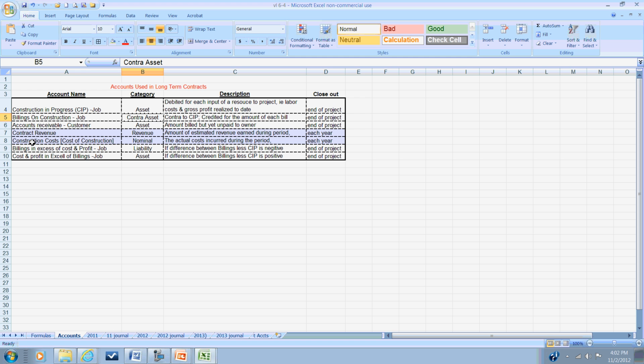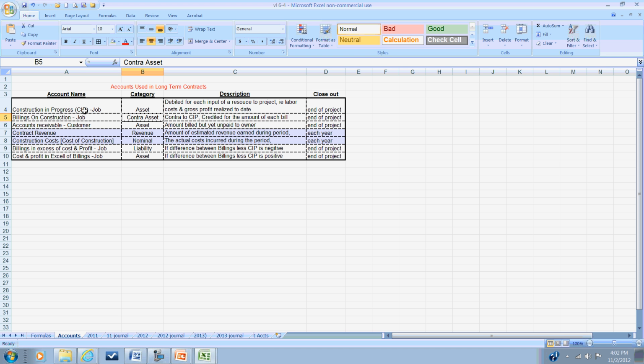We'll also be dealing with a nominal account, much like income summary, that lives only in the closing process, and it is called construction costs or costs of construction. And these have the actual costs that were incurred during the period.